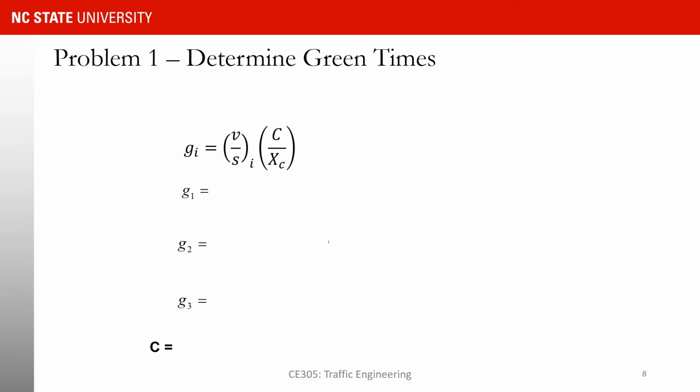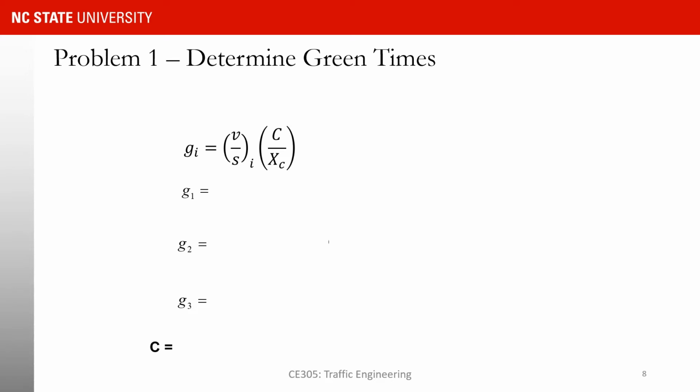So now I can go forward and find green times based on this cycle length. I have several options. I can use minimum cycle length to find green times. I can use optimal cycle length to find green times. There might be another cycle length that is given to me to find green times.